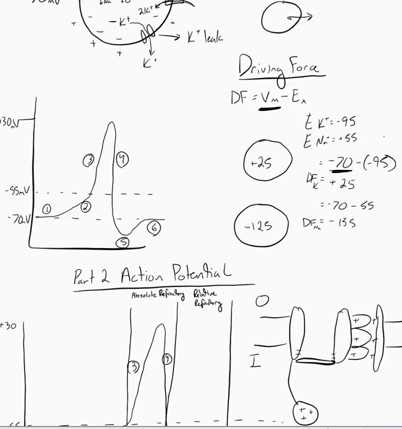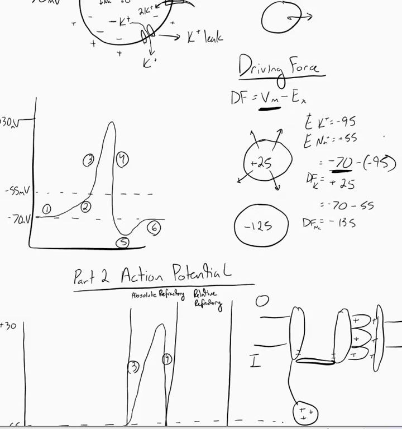And the way we view this is that you subtract the equilibrium from the membrane potential, and it gives you a charge of what the specific ion is trying to reach. And so for potassium, it has a plus charge inside the cell. So we look at this as potassium would want to leave the cell because of that plus charge. It doesn't want to be near that plus charge.